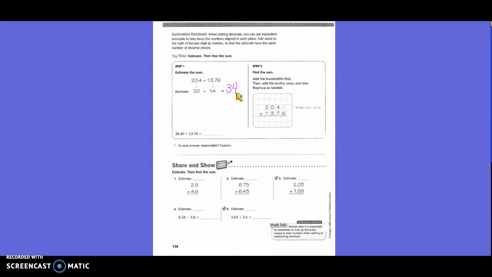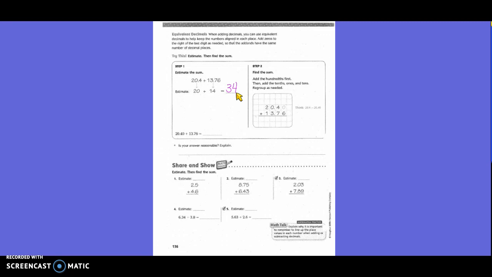Then it says find the sum. So add the hundredths first. Then add the tenths, ones, and tens. Regroup as needed. So they went ahead and put a 0 there at the end to hold all of our place values, correct? Okay. What do I do first?